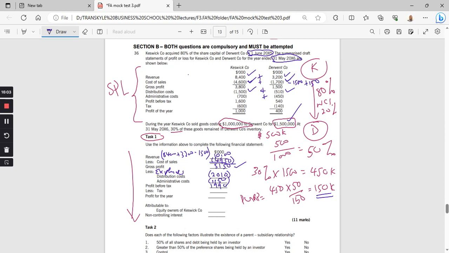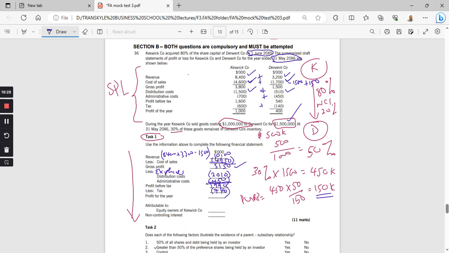All right, then less tax. The tax, you just have again to add across, 600 plus 140. That's 740 in brackets. Then you get your profit for the year. So that's profit before tax 1990. Remember, you need to underline here.